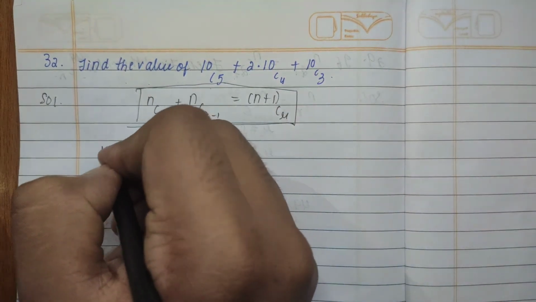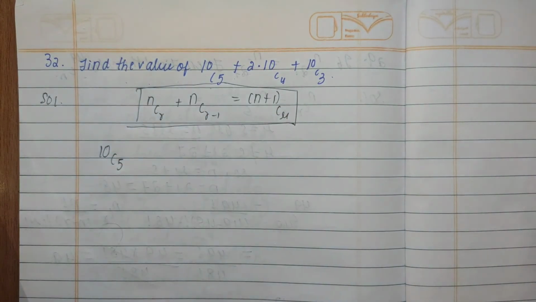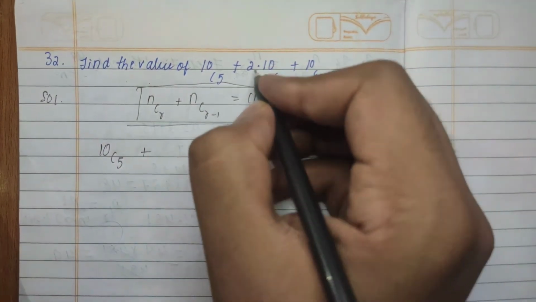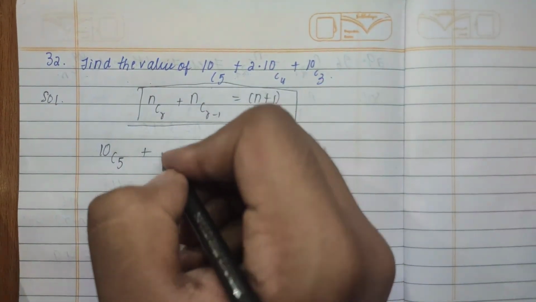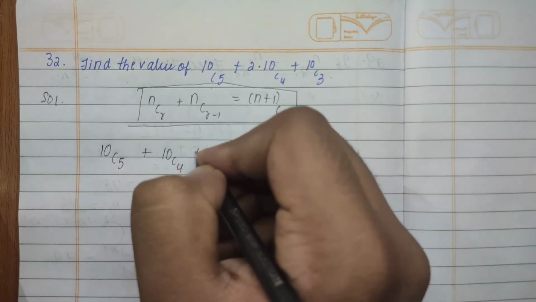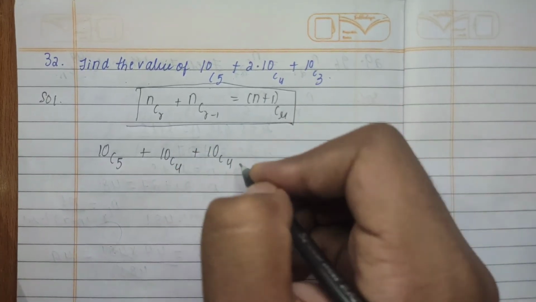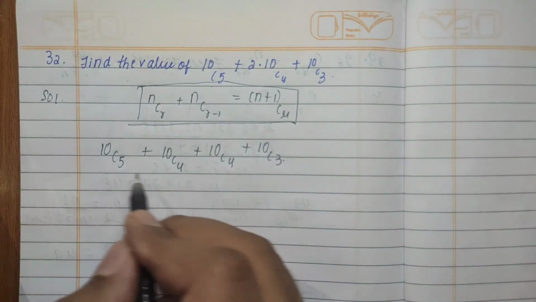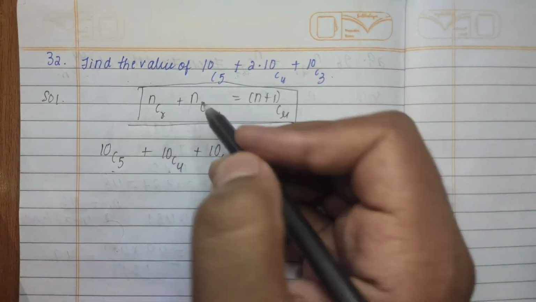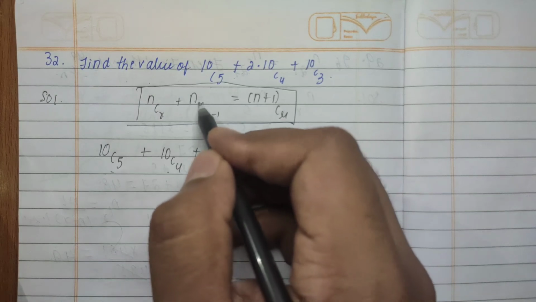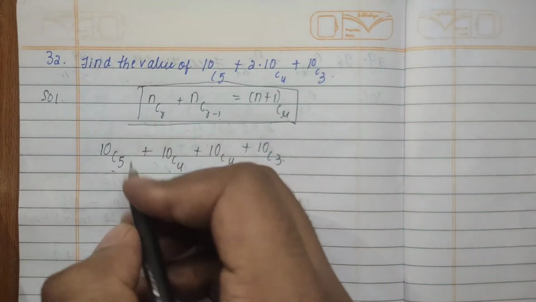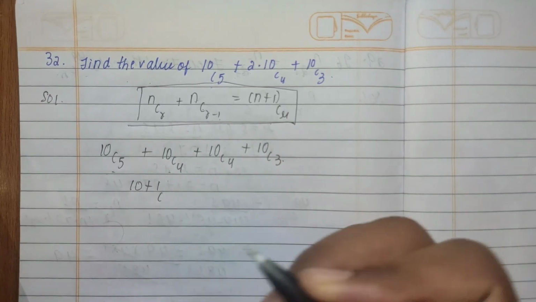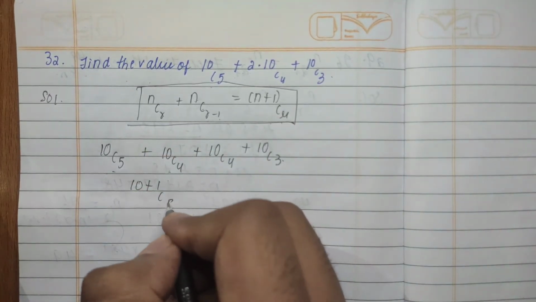So that is 10C5 plus, this is twice 10C4. So 10C4 plus 10C4 plus 10C3. So these two terms are in the formula of nCr plus nC(r minus 1). So that is n plus 1, 10 plus 1 Cr. r is 5.